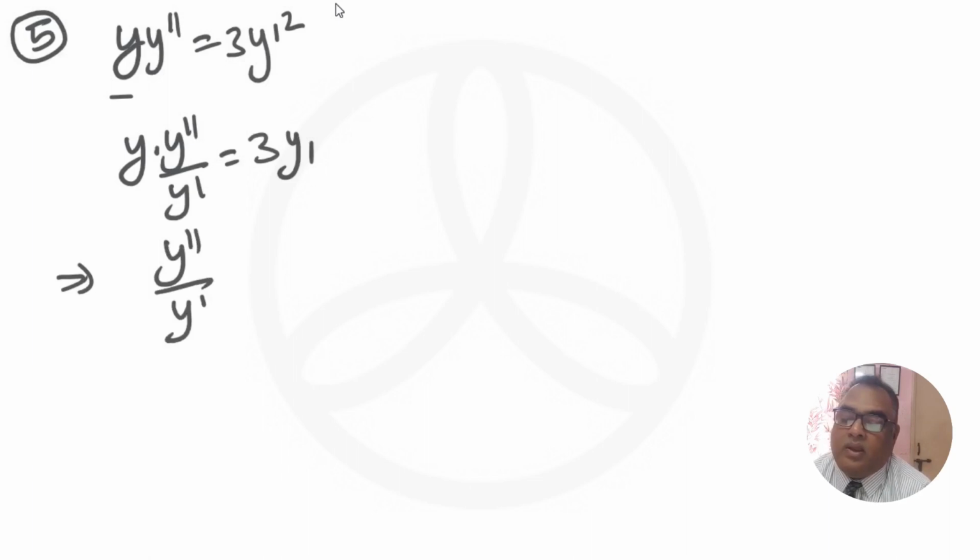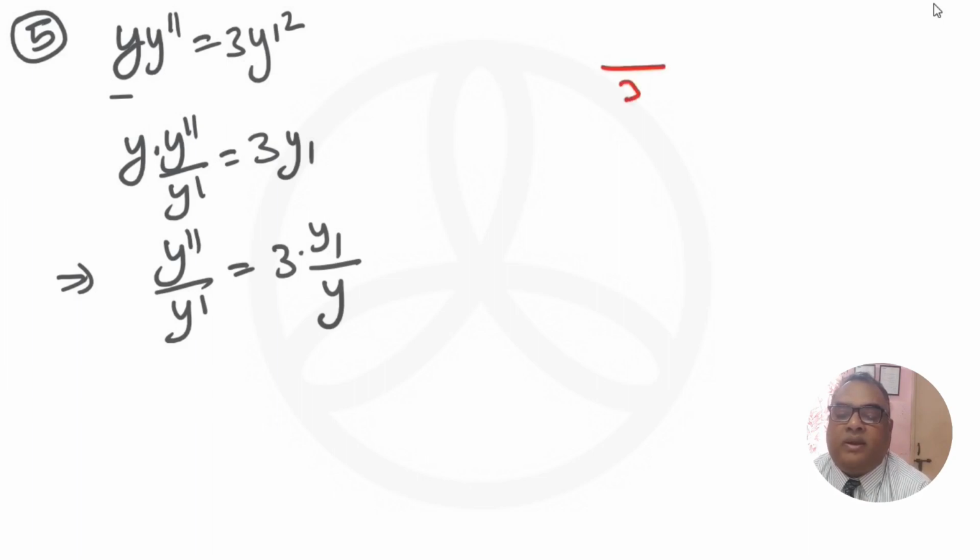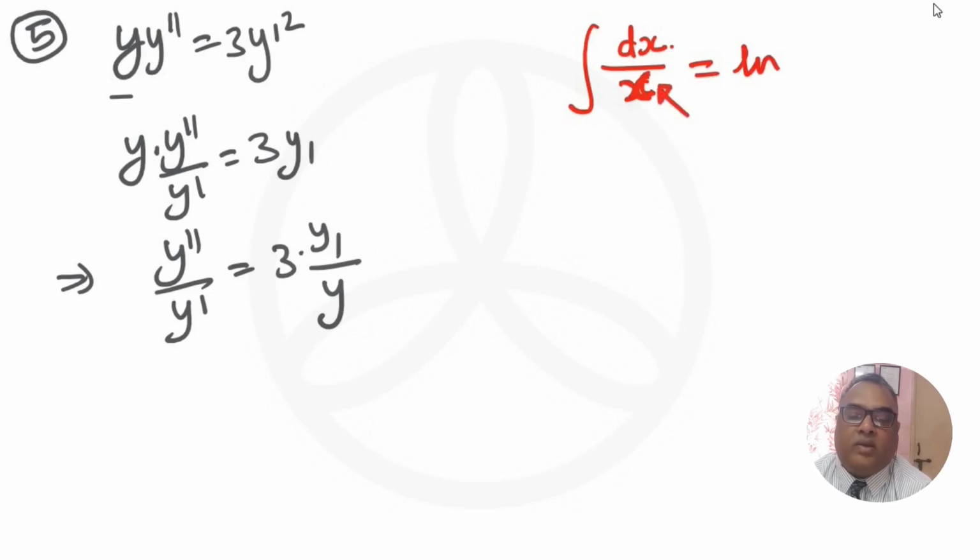Now friends, we have learned in basic calculus that if x is in the denominator and its first derivative is in the numerator, and we apply the integration sign here, we will get the natural log of the item in the denominator, ln x, plus a constant c.